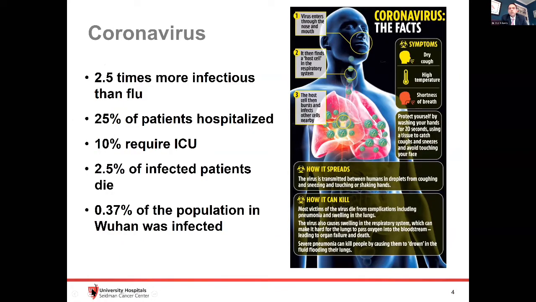So coronavirus, and this slide shows some of the facts. It enters typically through viral droplets that we breathe out or sneeze out and linger in the air. You've probably seen those crazy videos of somebody sneezing and something shooting out 6, 10, 15 feet sometimes. Those are respiratory droplets.